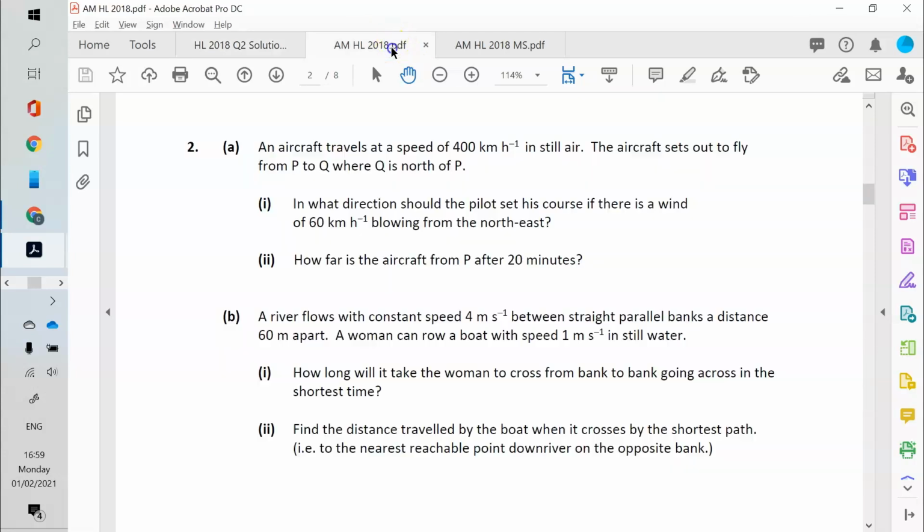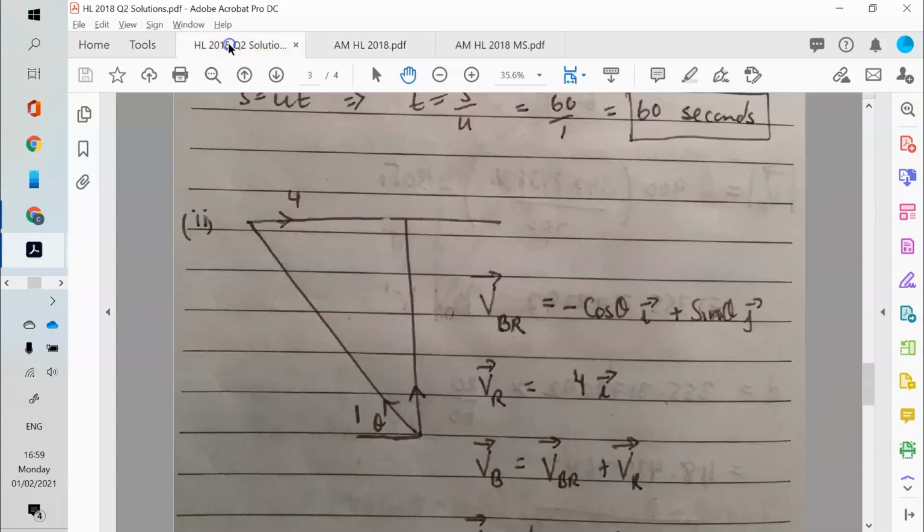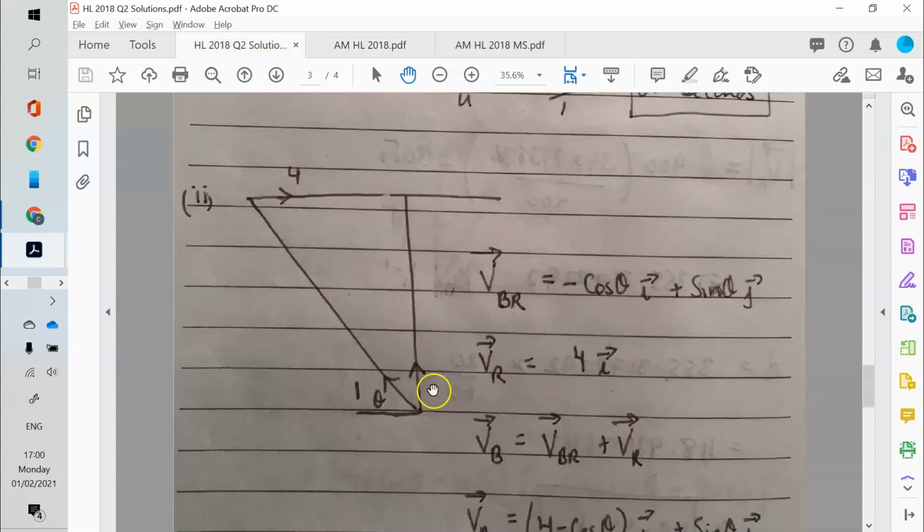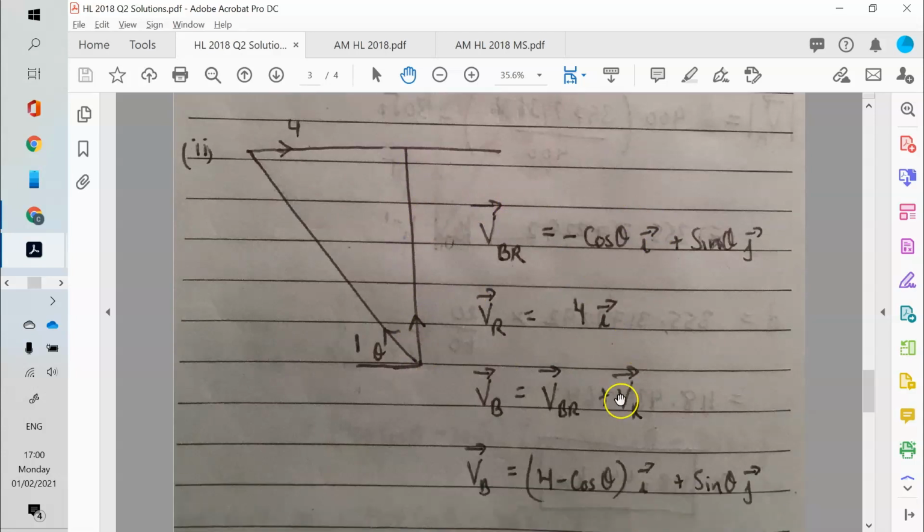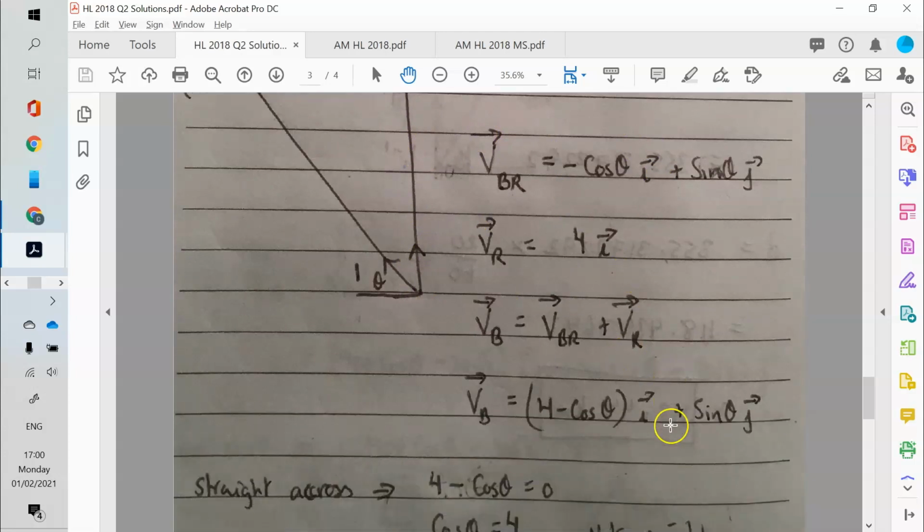In part 2 then, we're asked to find the distance travelled by the boat when it crosses by the shortest path. So it's going to reach the nearest reachable point downriver on the opposite bank. Normally we would think the closest point is the perpendicular distance going across, and I've done the calculations as if we were going perpendicularly across.